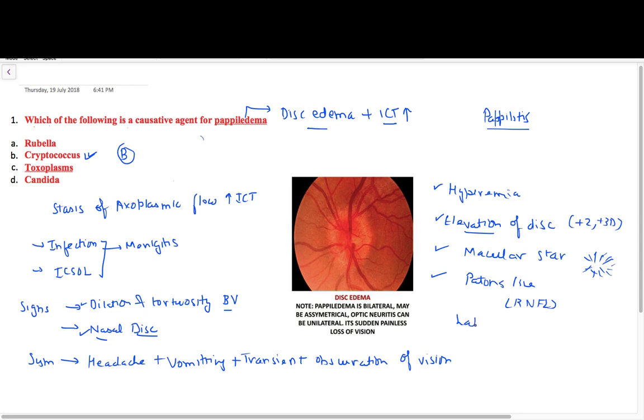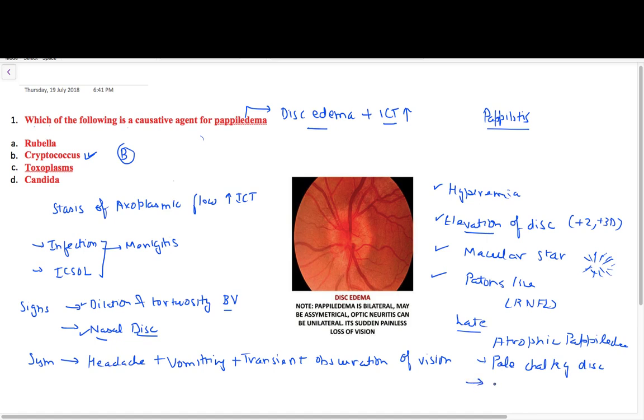In late stages, you get atrophic papilledema. What is atrophic papilledema? Instead of a hyperemic disc, you get a pale chalky disc. This pale chalky disc has no clear-cut margins, but it is whitish or yellowish in color.